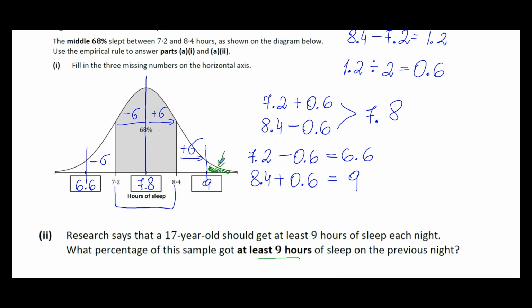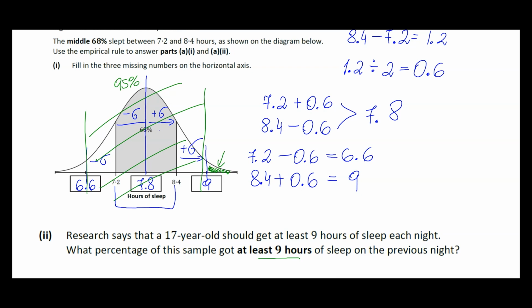So what percentage is that? From our empirical rule, with two standard deviations, that area is 95% of all data.